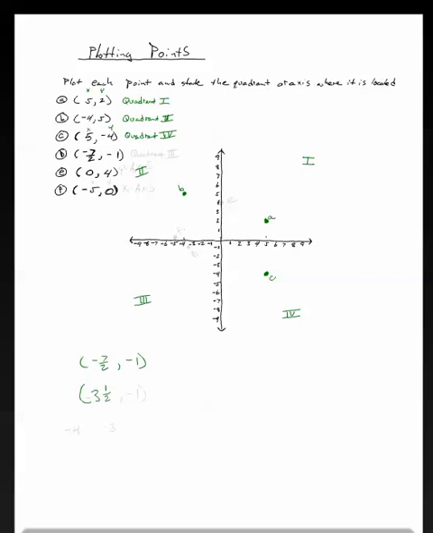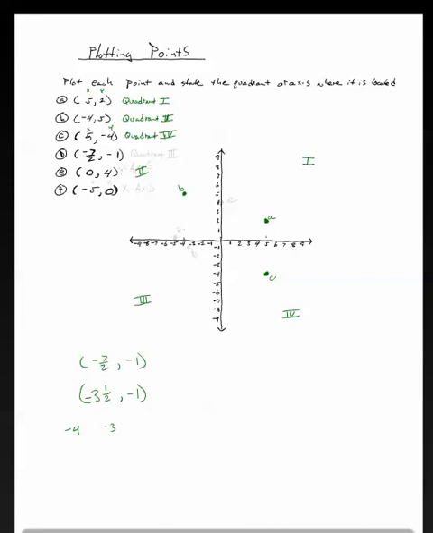So it's really -3 1/2, -1. Now the tricky part of this is that -3 1/2 is halfway between -3 and -4. So we're going to have to put that in the middle.